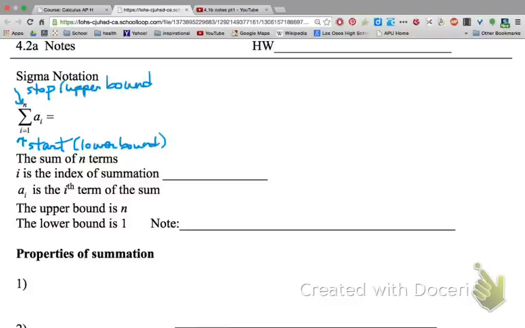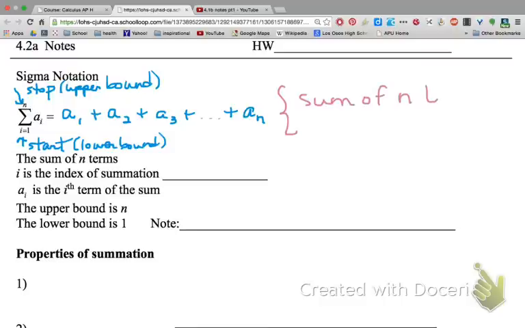And of course it means I'm adding up all the terms from the first one until I get to the last one, whatever that might happen to be. And you've seen this before, like I said, when you did sequences and series. And so we are just adding up n terms. We just don't know how many n happens to be.